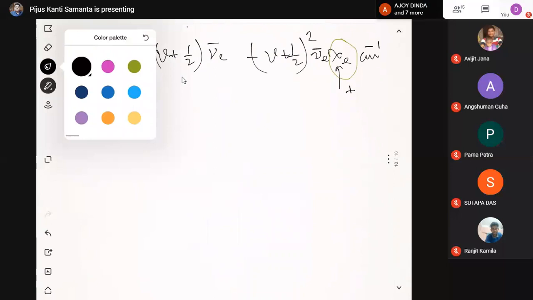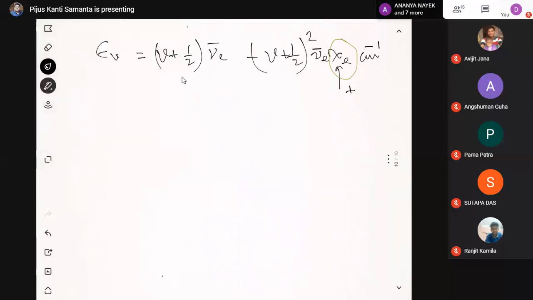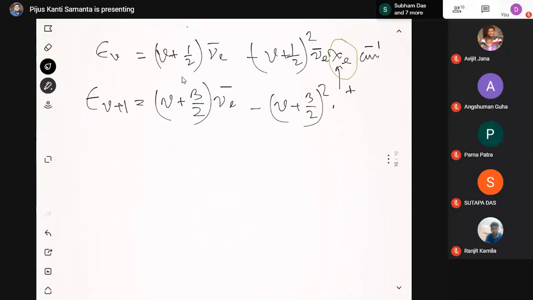Now, if we write v plus 1, you can take a paper and pen and calculate along with me. So E_(v+1) will be (v plus 1 plus half) nu-bar minus (v plus 3 by 2) squared nu-bar chi.